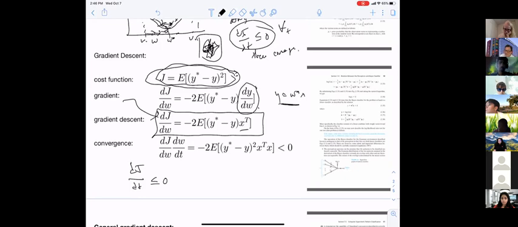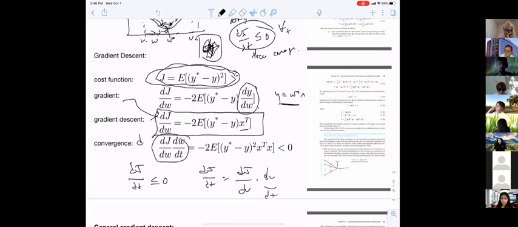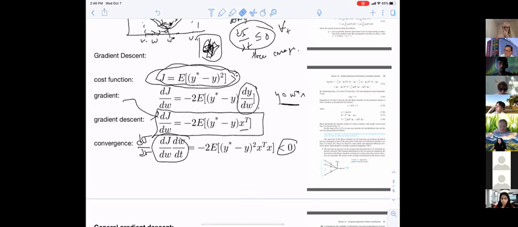And I know that dJ/dt equals dJ/dw times dw/dt. So I want dJ/dt to be less than 0. How can I make this happen? A very simple way: if I know a, and I want to multiply by b to make sure it's less than 0, a good thing to do is to set b equals negative a. Then I'm going to get negative a squared, and I can be pretty sure that's less than 0.